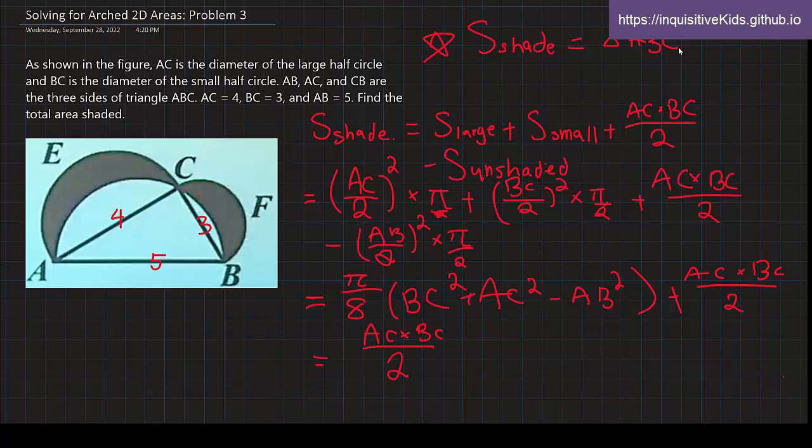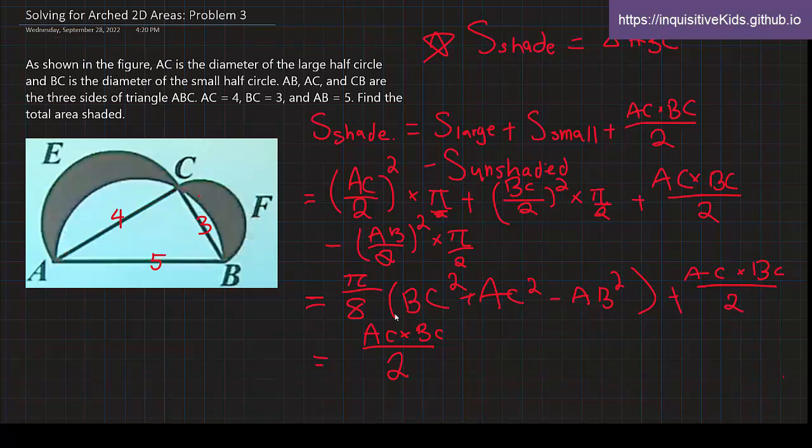Maybe you can give it a creative name, maybe the Mickey Mouse shape or the cat shape, or koala shape, koala head or koala ears, anything like that. Because these two parts, if we think of them as ears on an animal, will always be the same as the triangle formed by their diameters. So that's just something to take note of.